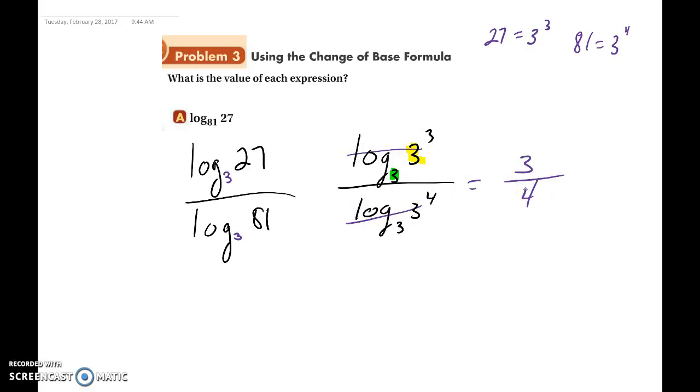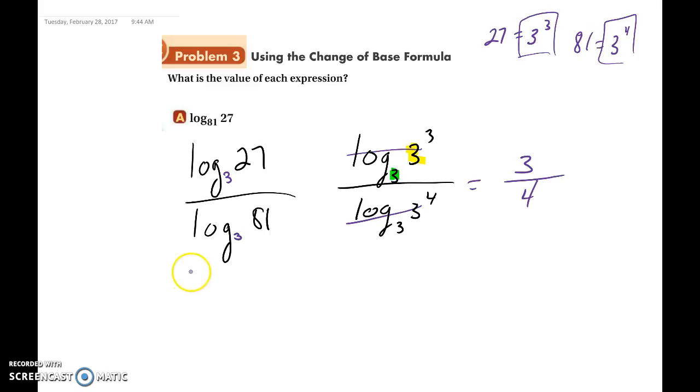All right, so that's solving this without using a calculator. So if you can manipulate your numbers and rewrite them as the same number raised to a power, especially if they're both able to be written as some number raised to a power, you can do it by hand. If you don't want to do it by hand, you can just use a calculator, and whenever you use your logarithm button on a calculator, it's automatically understood to be base 10.